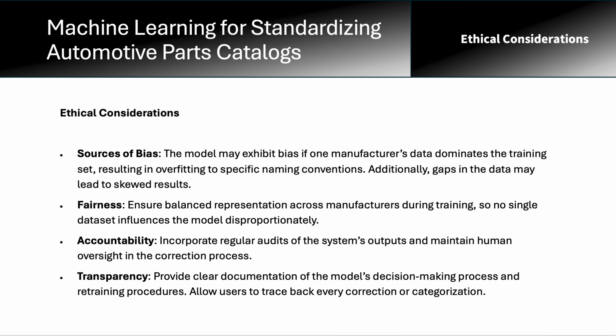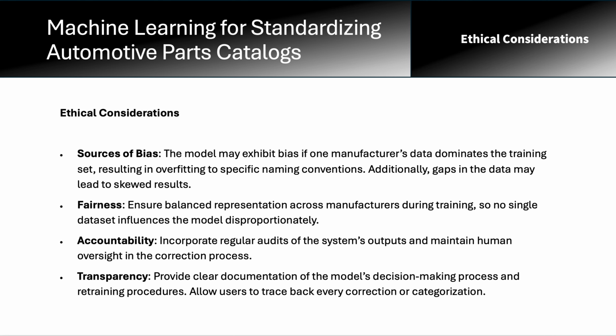Ethical considerations. We could have sources of bias. The model may exhibit bias if one manufacturer's data dominates the training set, resulting in overfitting to specific naming conventions. Additionally, gaps in the data may lead to skewed results.